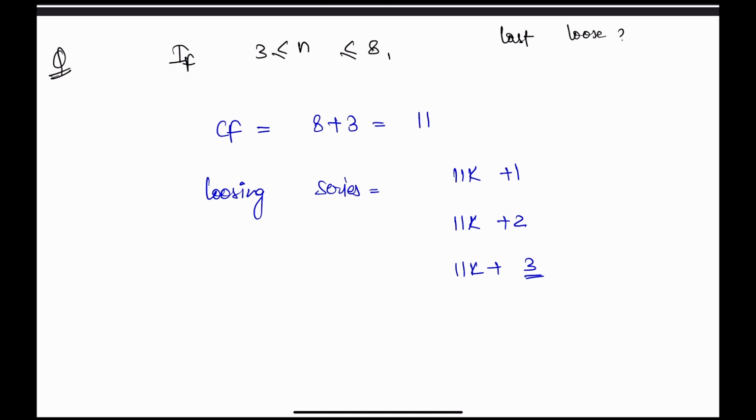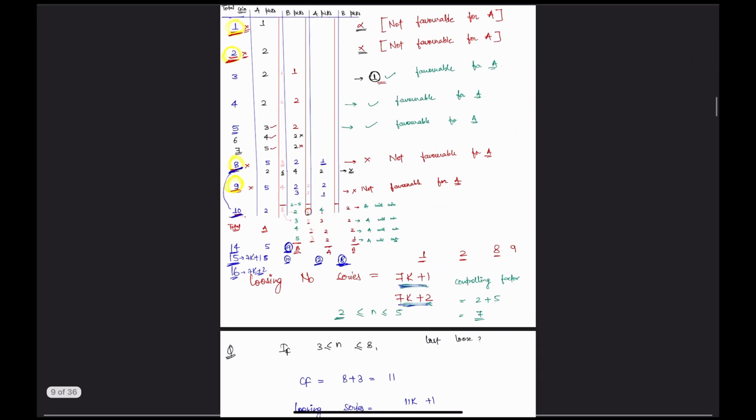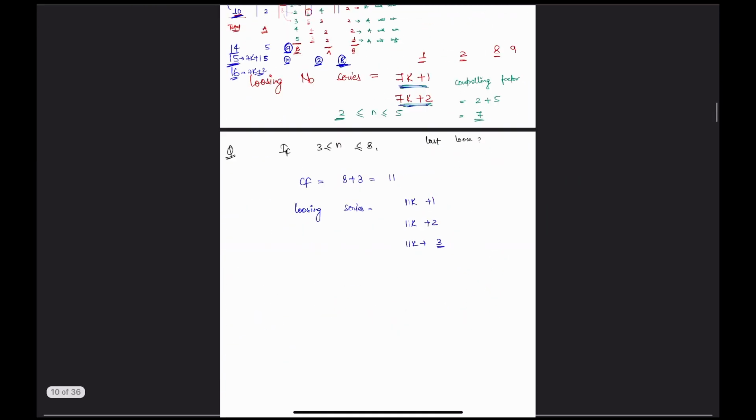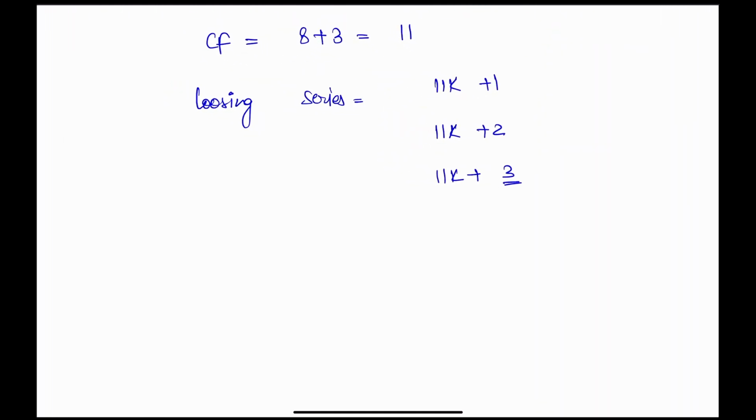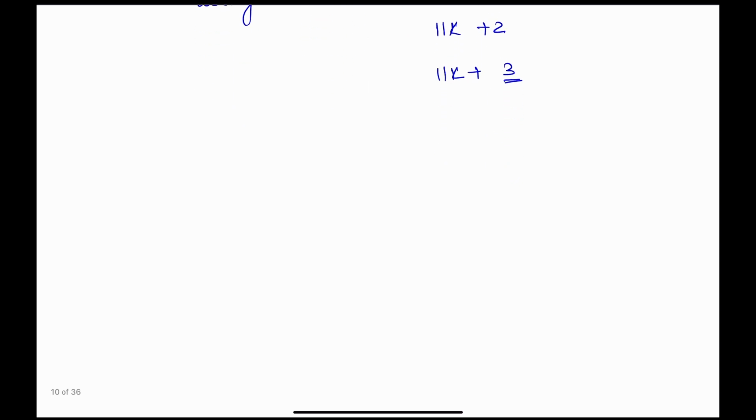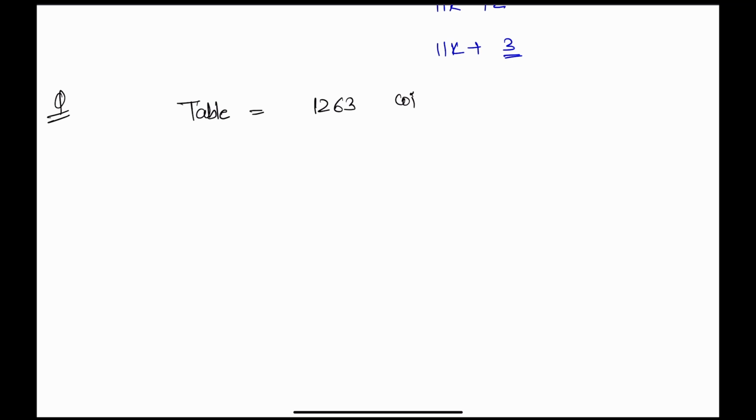We don't always need to calculate this much or understand everything, but now that we have understood the concept, we can easily solve anytime. On the same concept, let's take one more question. Suppose on the table 1263 coins are there, and they can choose between 4 to 9.